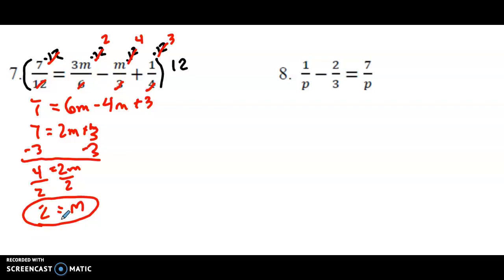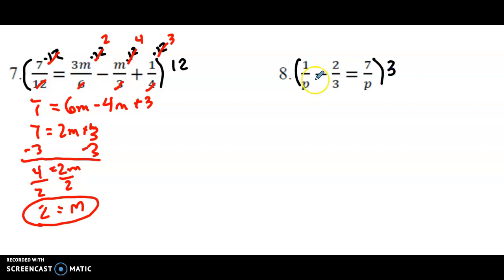Number 8, again, we're going to multiply this by the LCD, and they're monomials, so that's easy. First thing we do is we're going to draw out parentheses. And for the numerical part of the LCD, you want to find the common denominator of all the coefficients. So 1, 3, and 1. The common denominator there would be 3.